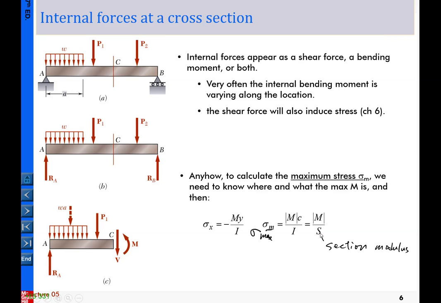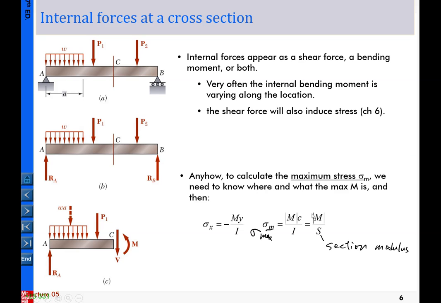The section modulus is geometric information; as long as we are given the shape of the cross section, it should be readily available. If we want to look for the maximum stress, the bending moment should be the maximum somewhere throughout the whole beam.